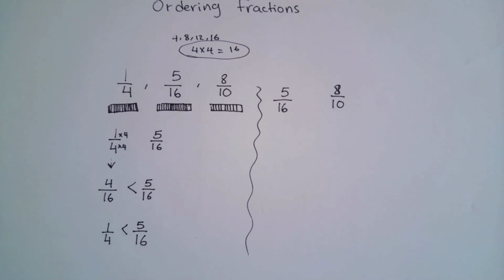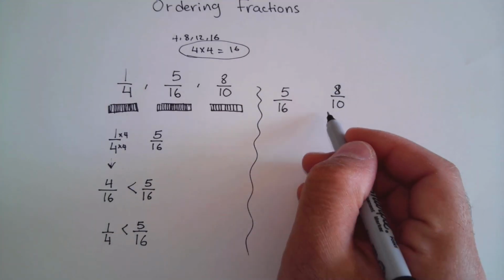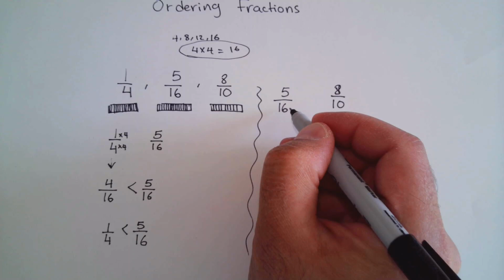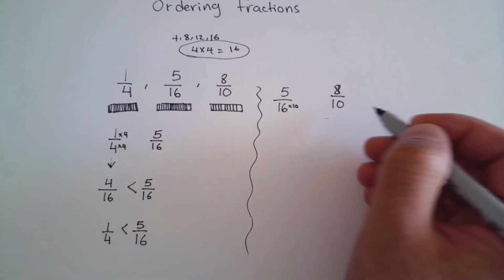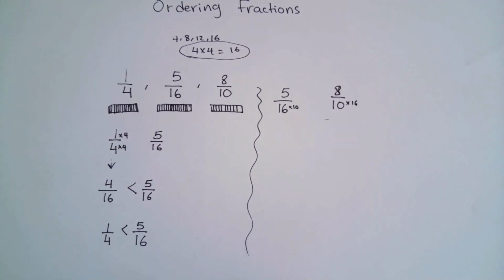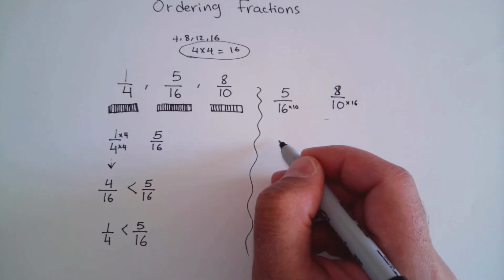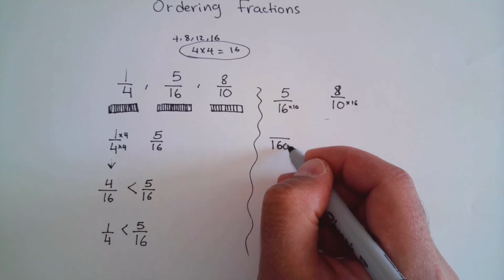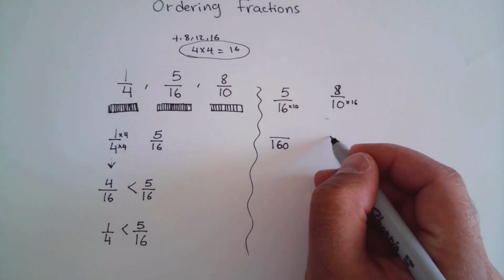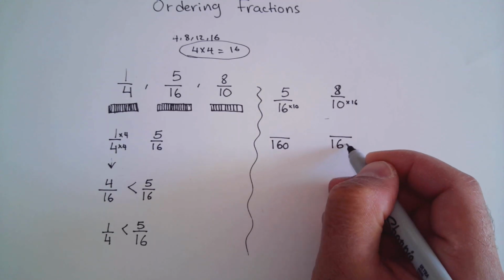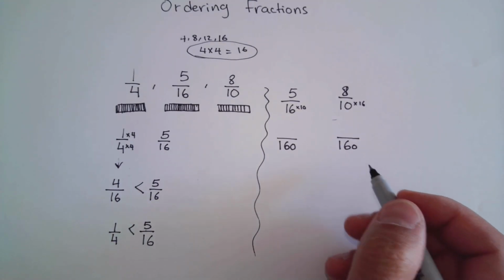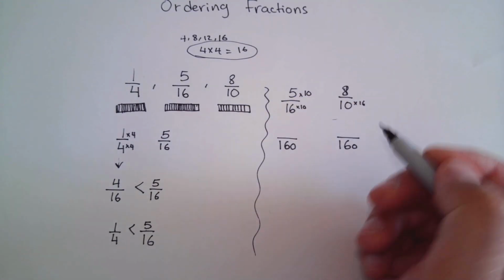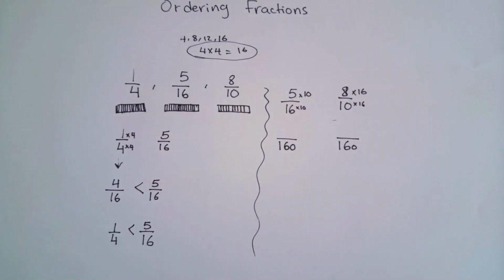The only way I can make a common denominator is multiplying both numbers by each other. So I'm going to multiply 16 by 10 and 10 by 16. We will basically look at a whole that's made of 160ths for both of them. And I know then I have to multiply 5 by 10 and 8 by 16.